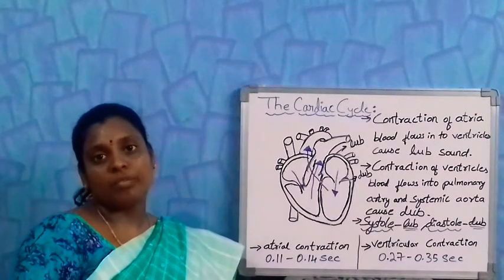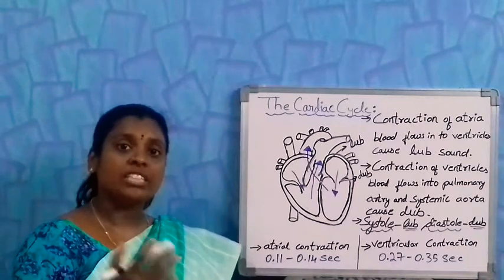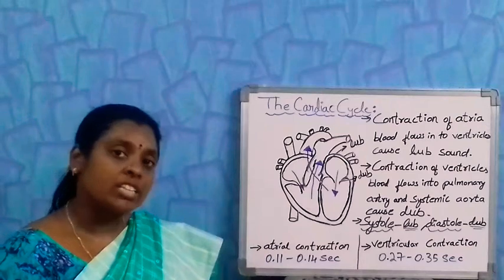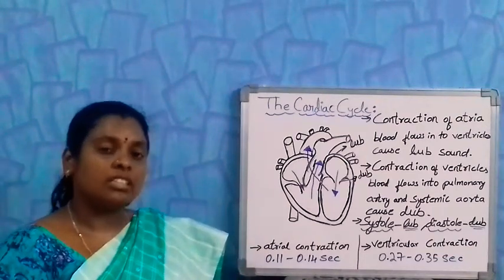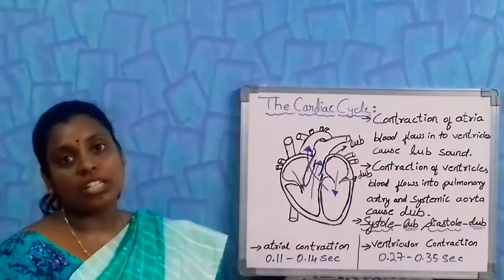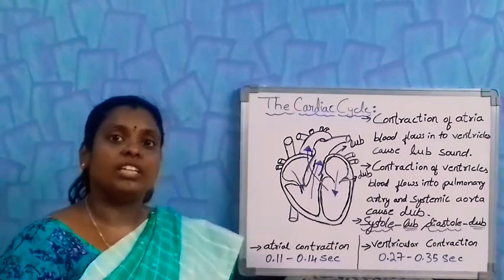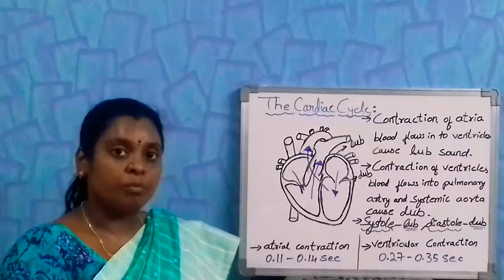How does it take place and when does it start? The cardiac cycle of the heart starts from the 21st day of the embryo, when the embryo is present inside the mother's womb.